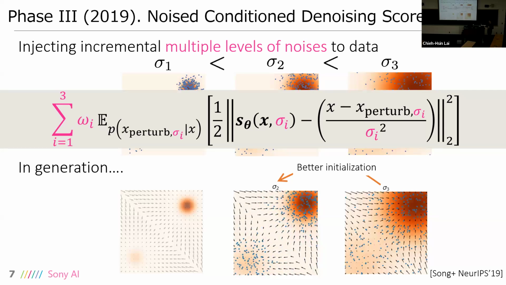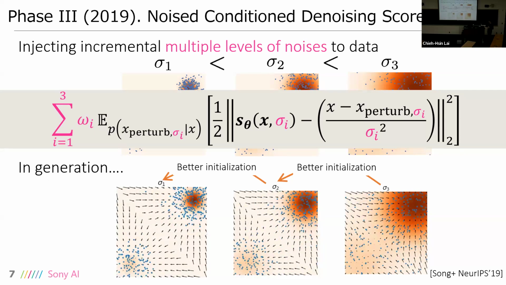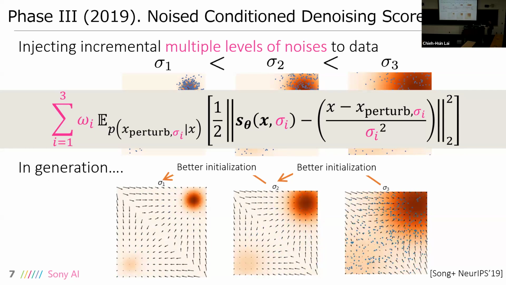With this better initialization, we run the Langevin sampling, moving toward the high density region with the score until it converges. We use that end point as an initialization for the next, less noisy stage, and run it until it converges, and so on through multiple levels of noise.